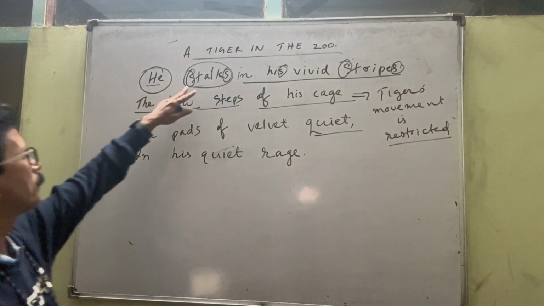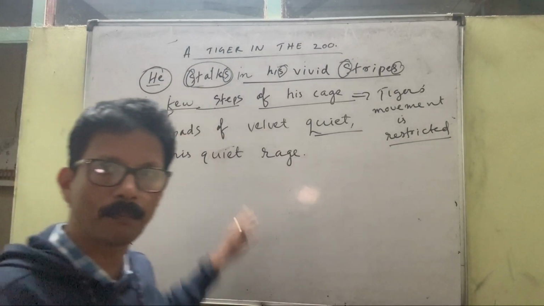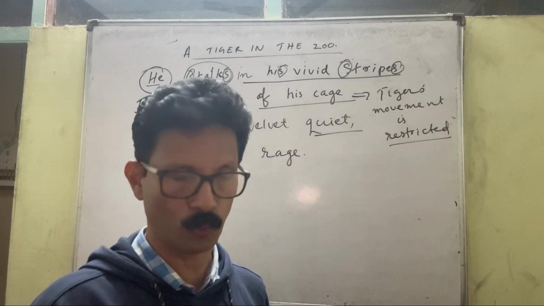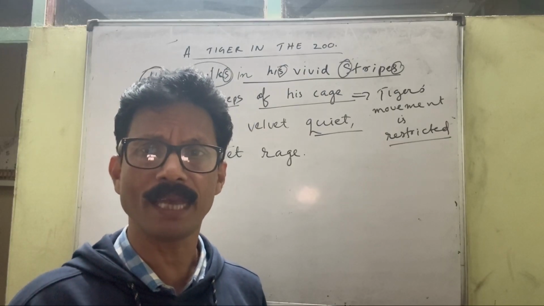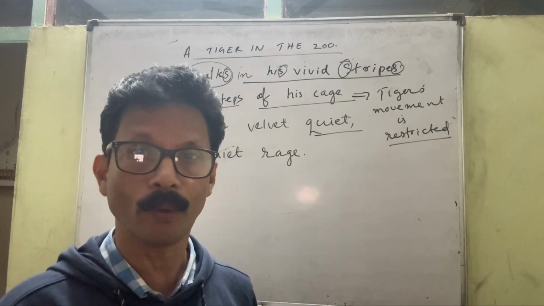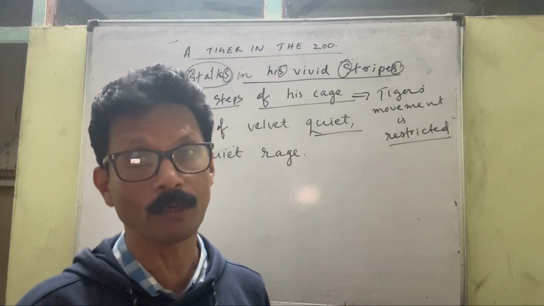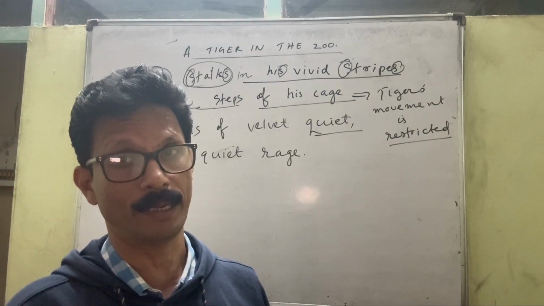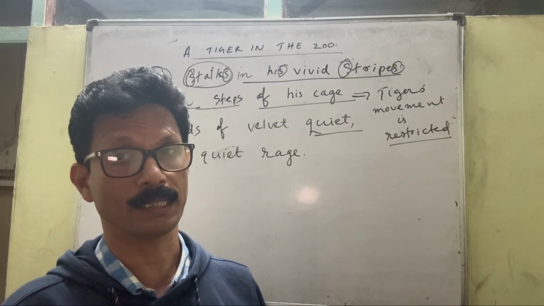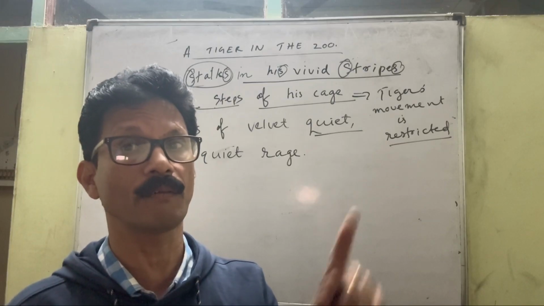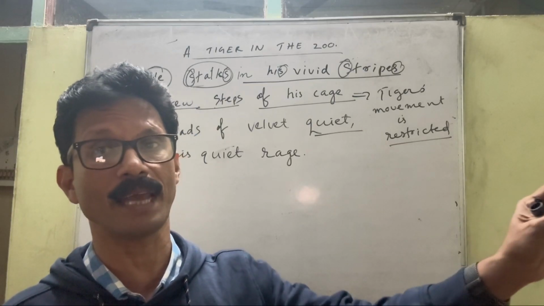After the line by line explanation of the poem, let us see what are the poetic devices used in this poem. Okay, poetic devices is important because certain lines will be given, and in the exam it will be asked, identify the poetic device used here, or which poetic device is used here.